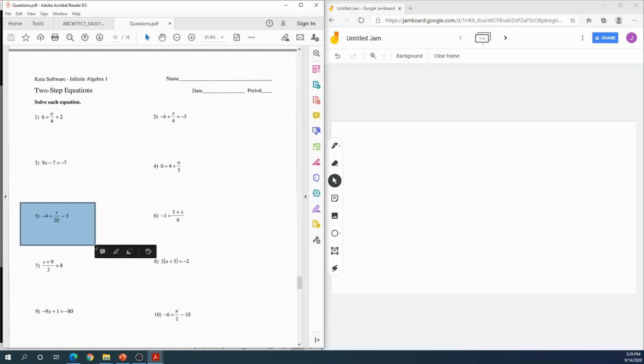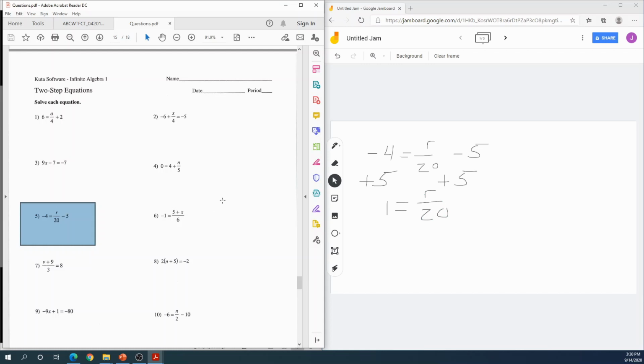Let's take a look at problem number 5. We have minus 4 is equal to r over 20 minus 5. So again, we'll add 5 to the right side of the equation, add 5 to the left side of the equation. We get negative 4 plus 5 is equal to 1, which is equal to r over 20, negative 5 plus 5.